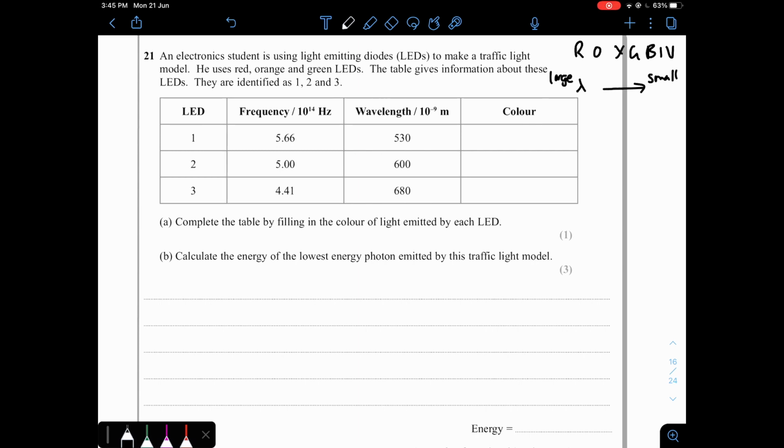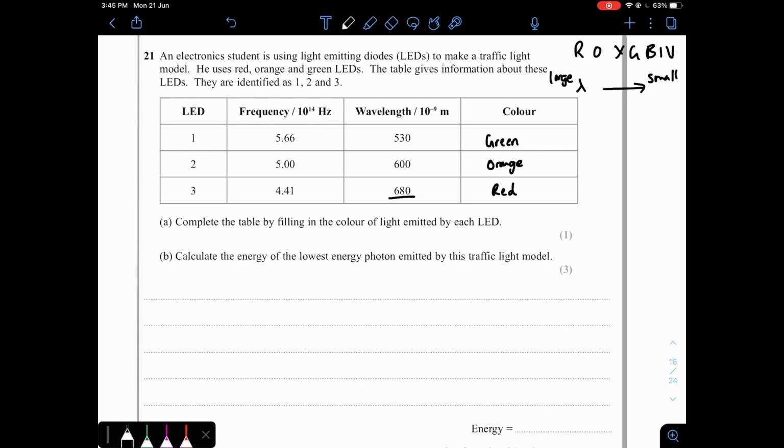So the largest wavelength should be red. Next is orange, and we only have one other color, which is green. So that's pretty simple, and that's the answer.